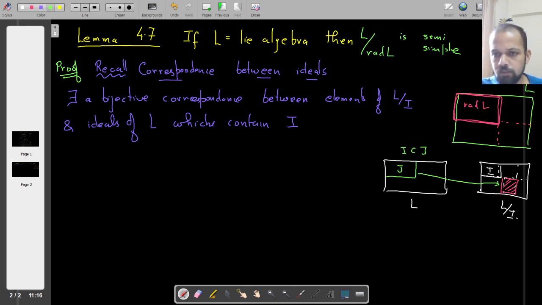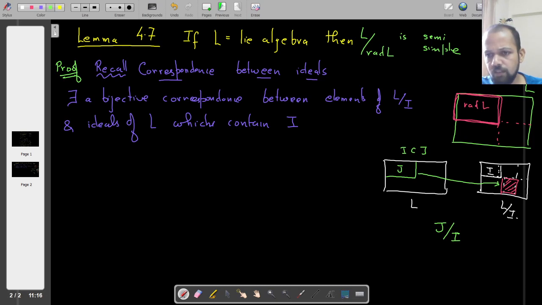How is this bijective map? We look at J by I. J by I is a subset of L by I, because L by I has elements of that form, right?